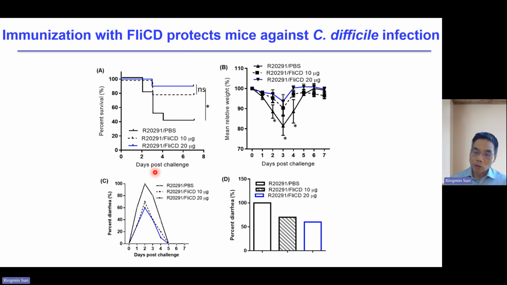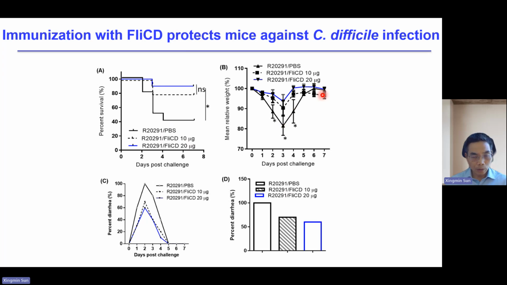And here we show the challenge results. The first one shows a survival curve of the animals immunized with FliC, actually with two different dosages, as well as the control group immunized with PBS. There is a significant improvement in survival in the immunized mice. We also monitored the weight changes in the three groups of mice.